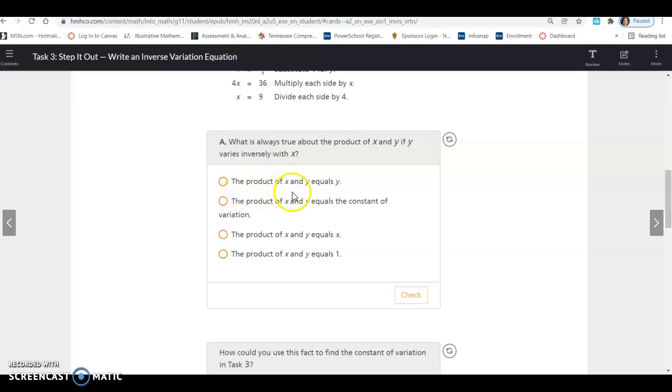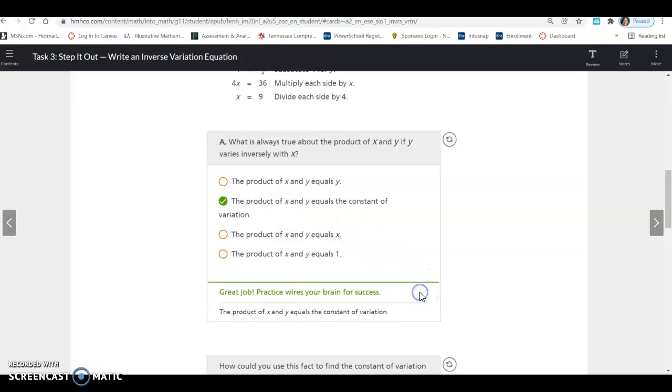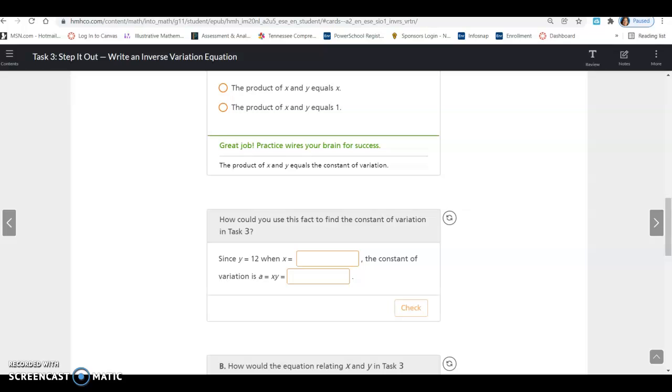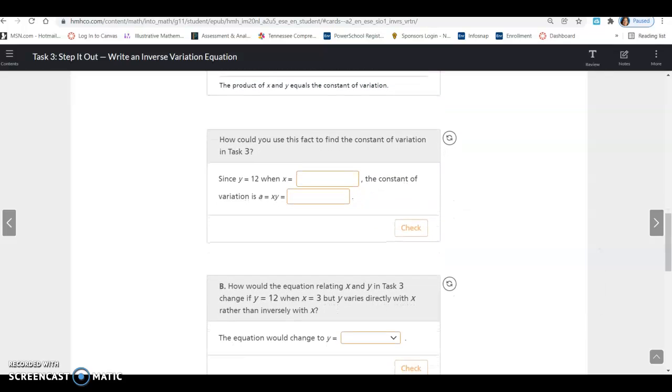The product of x and y equals the constant of variation, that's the a. So if these vary inversely, then the product of x and y will equal a, the constant of variation.